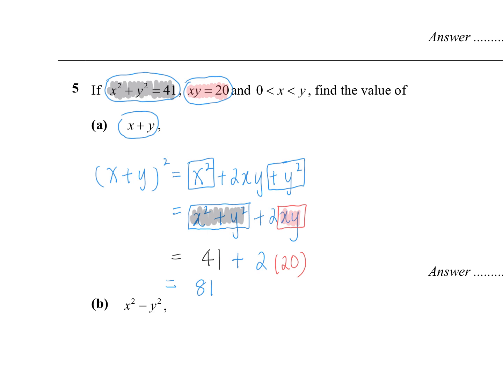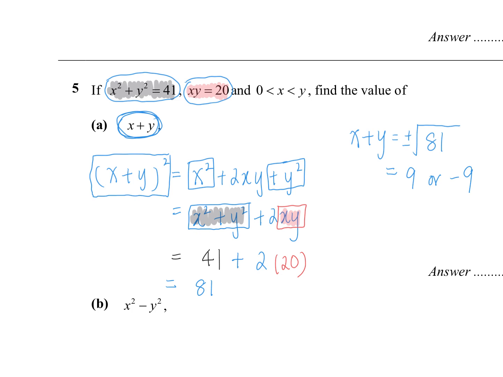Okay, but this is x plus y squared. I want to find x plus y only, so I need to do a square root. When I take a square root, there's always two answers, one plus, one minus. So my two answers can be 9 or minus 9.